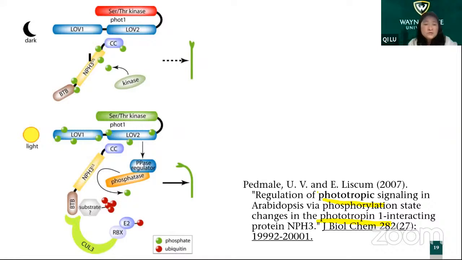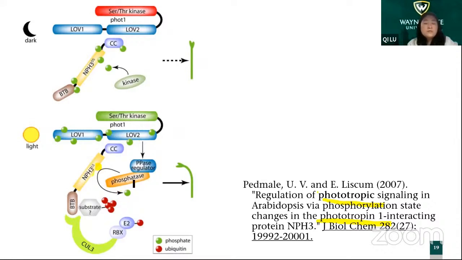After shining with the light, the conformation of the LOV2 domain will change, and it will cause the removal of the phosphate on the NPH3.